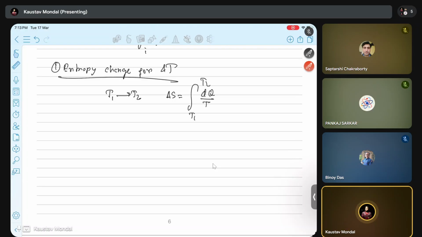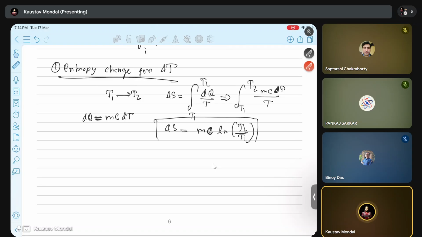We know that if there is a change in temperature, the heat change associated with it is related by mC dT, where C is the specific heat of that substance. Substituting, delta S becomes mC times the integral of dT by T, which gives the natural log. So delta S equals mC ln T2 by T1.